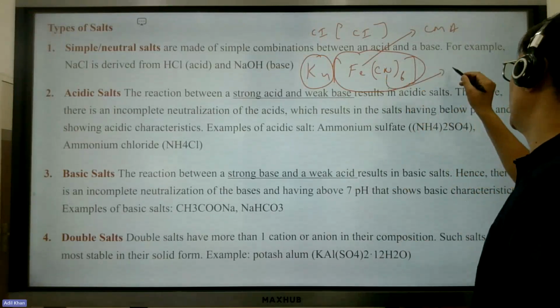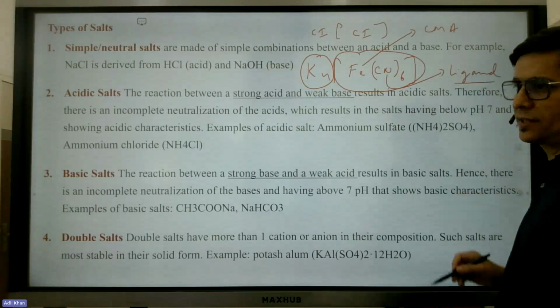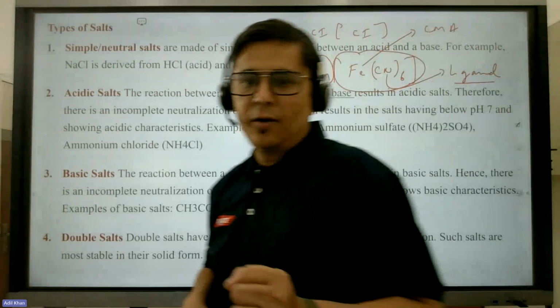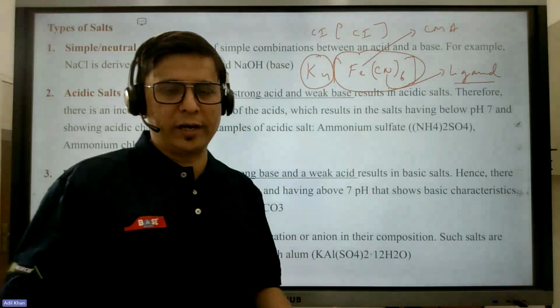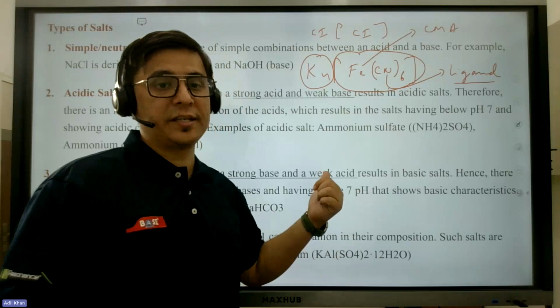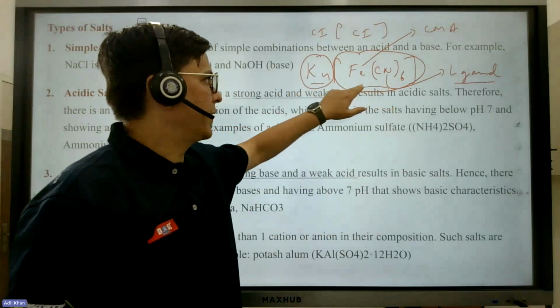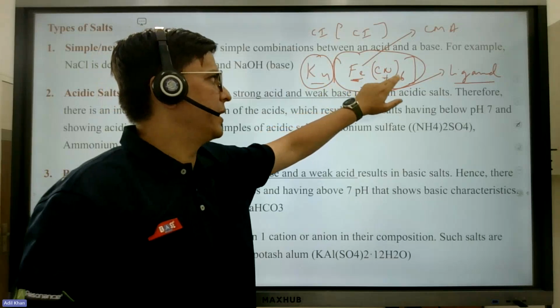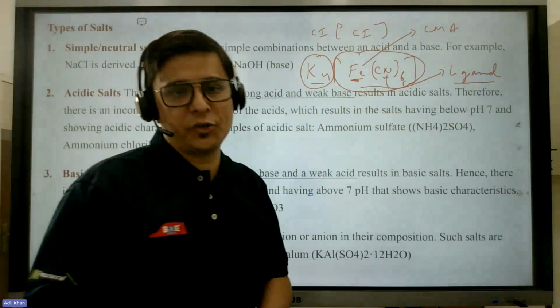And this CN is known as the ligand. Ligands for you means those molecules or ions which are rich in electrons. They are negative in nature. So this is an example of your complex salt. This is your counter ion, complex ion, central metal atom, ligand, and this 6 is the coordination number.